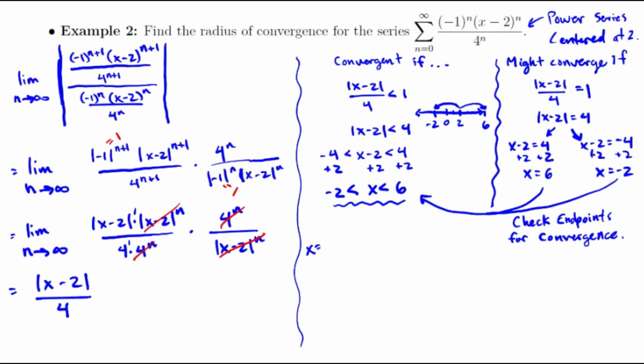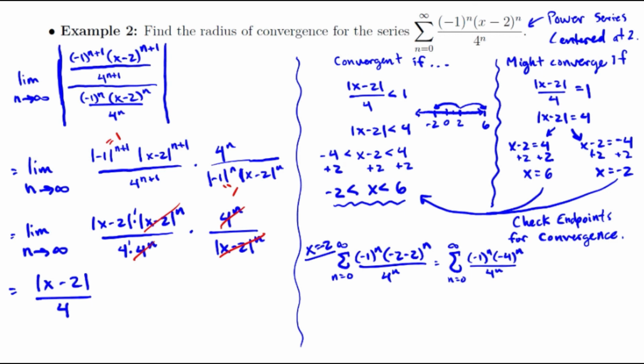So for x equals negative 2, let's plug it in. This would be the sum from n equals 0 to infinity of (-1)^n times (-2 minus 2)^n, divided by 4^n, which is just the sum of (-1)^n times (-4)^n over 4^n.